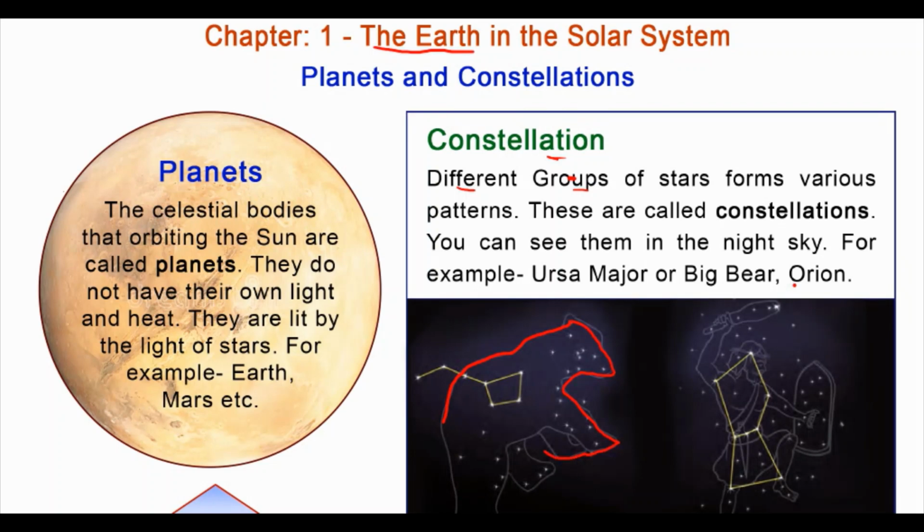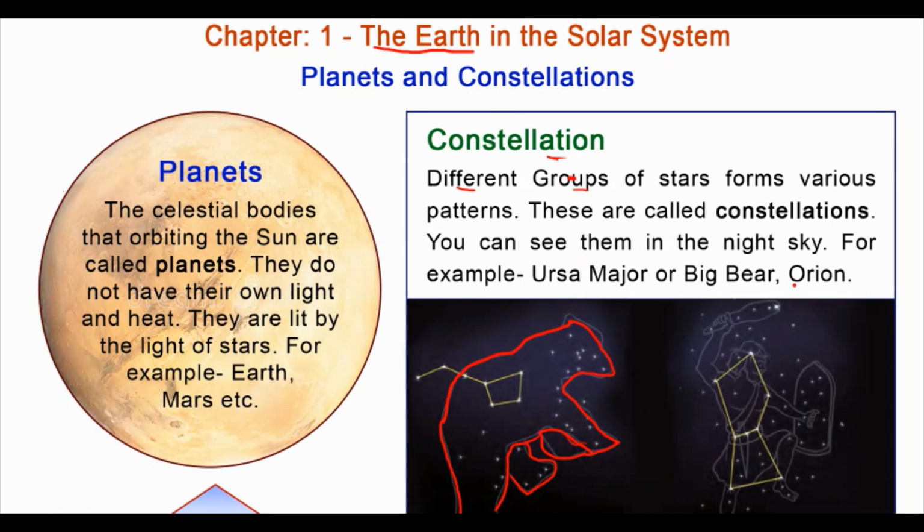So you all can identify what is written over here. So this is the Ursa Major, or you can even call this Major the Big what? Yes, the Big Bear. Why? Because they are constellations which are groups of different stars which form various patterns. So they can form any kind of pattern.